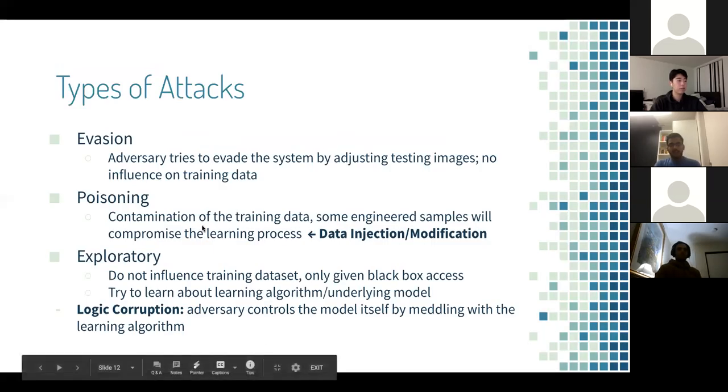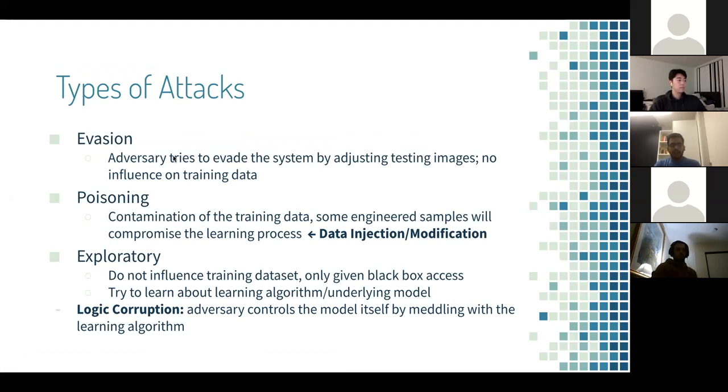So now we'll look at what kind of attacks you can do. One way is to adjust the testing images. Once the model has already been trained, you provide it doctored images that it won't do very well on.